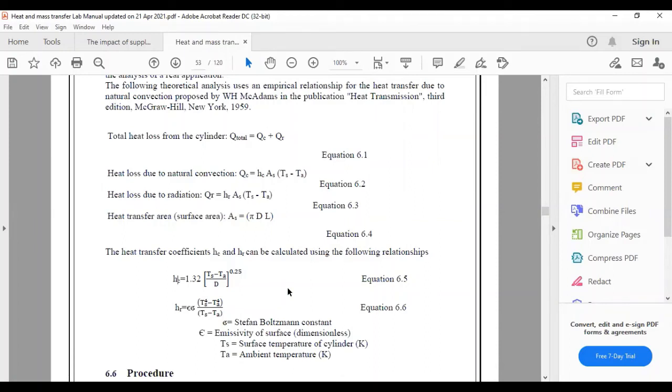We will add 273 to convert the value from centigrade to Kelvin, and this is Ts. And what is Ta? This is the temperature of air, and we have the value of T9. T9 is the temperature of air. We will add 273 to convert it into Kelvin, and we will use this value here. This is the diameter of the cylinder, and its value is given.